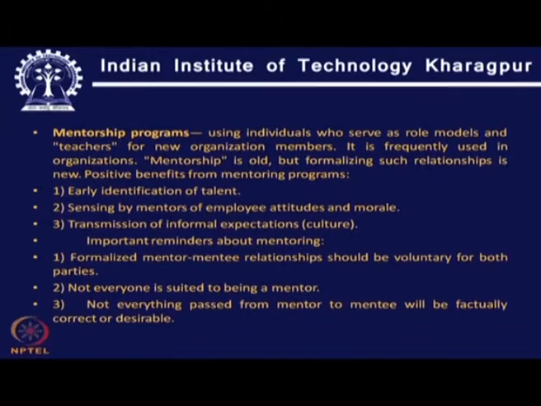Again, not everybody is suitable to become a mentor. In the sense, you have to be caring in nature, you have to be sharing in nature, you have to understand the attitude of the person, the psyche of the person with whom you are sharing. So, these are important. You have to be trustworthy.